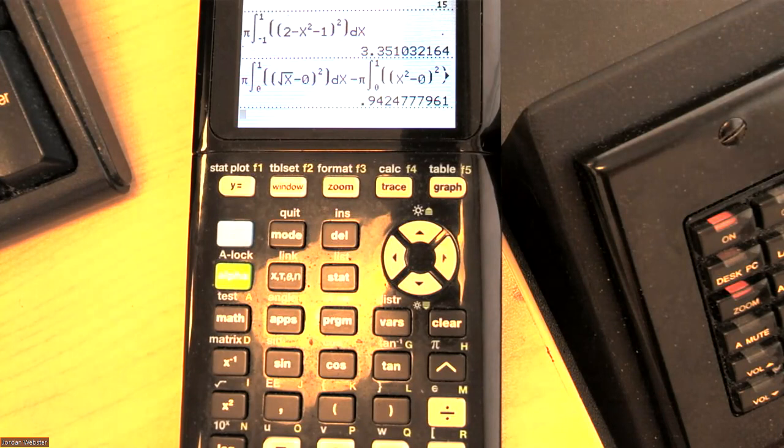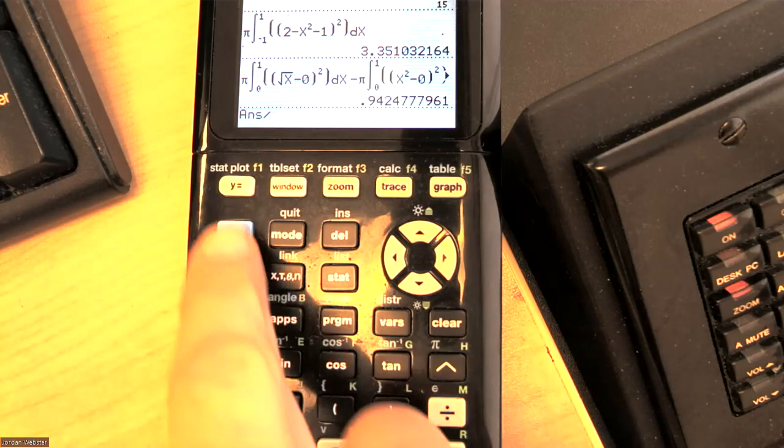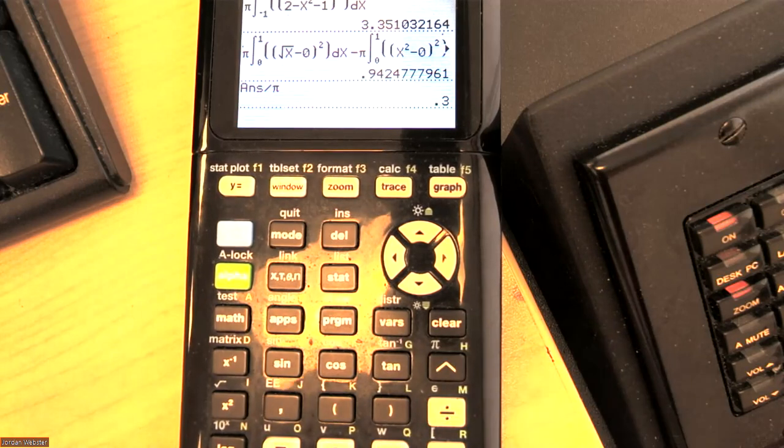Hit enter, and I get about 0.94 as my final answer. Okay. I don't know what that is. So about 0.3 times pi. Or exactly 0.3 times pi.